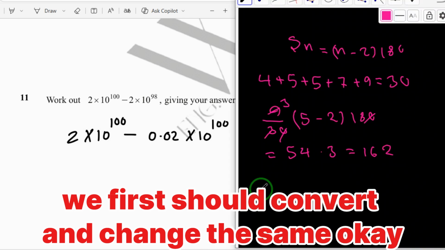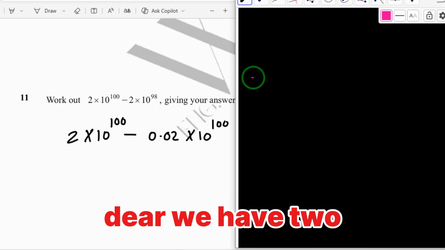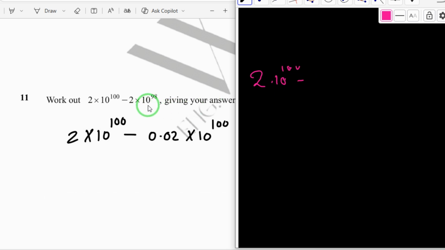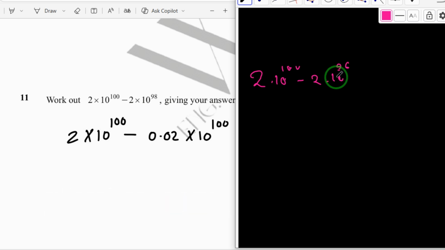We have 2 times 10 to the power of 100 minus 2 multiplied by 10 to the power of 98.